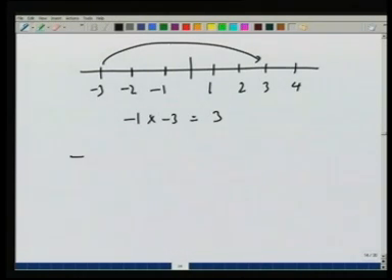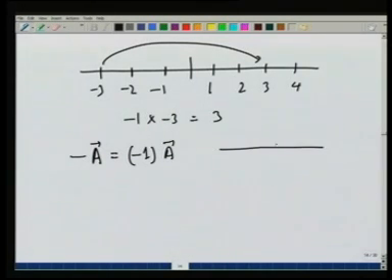Similarly, if I take negative a, which will be minus 1 times a, this would be nothing but changing the direction of a. So, if a is this, minus a would be pointing in the other direction. That is the meaning of multiplying by a negative number. Of course, once you define multiplication by minus 1, you can define multiplication by minus any number. You just make it that many times more.